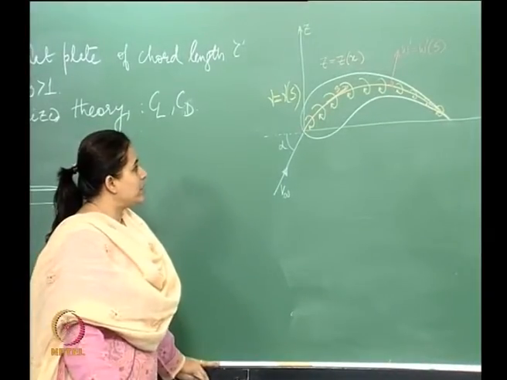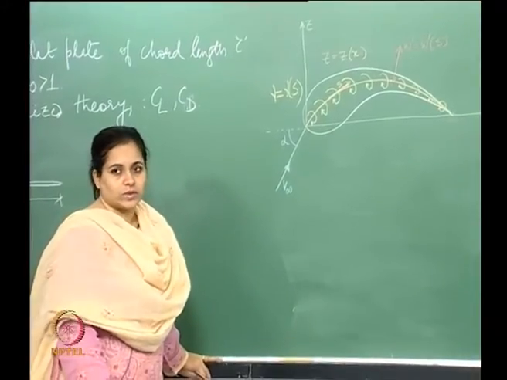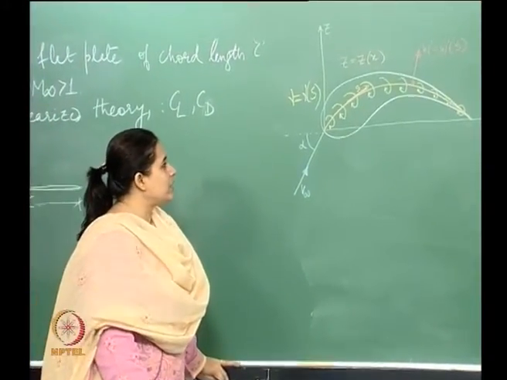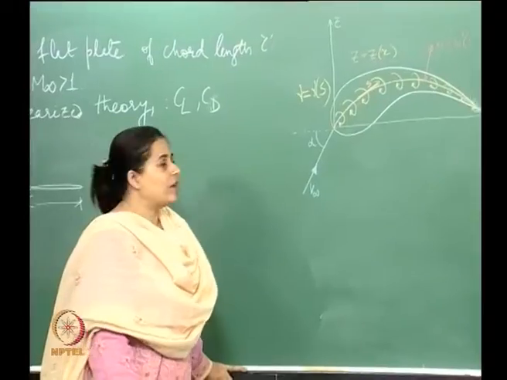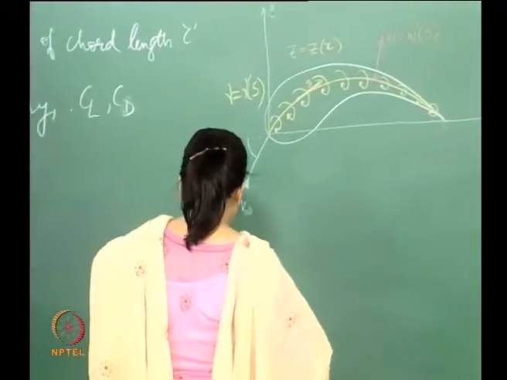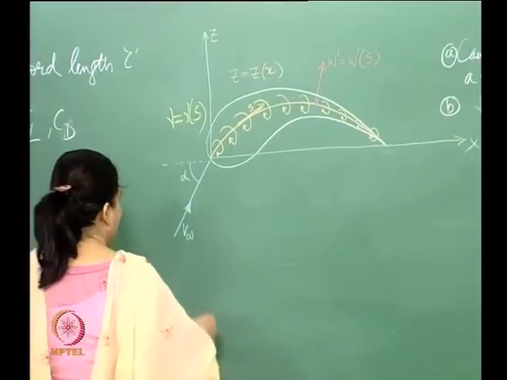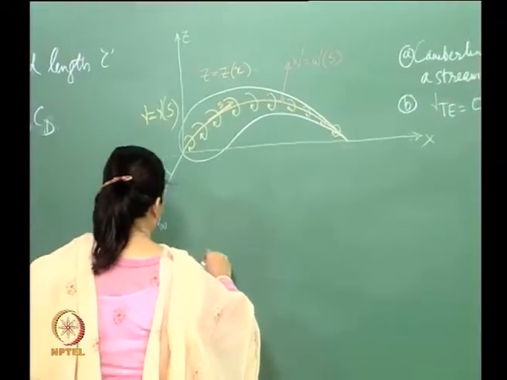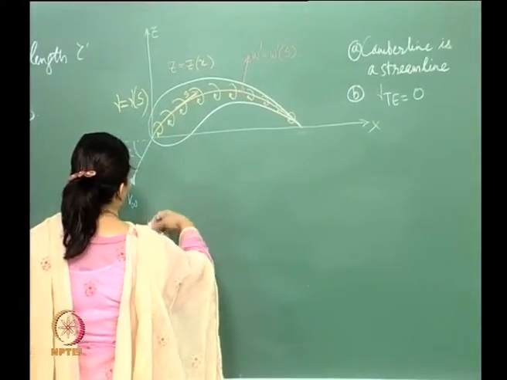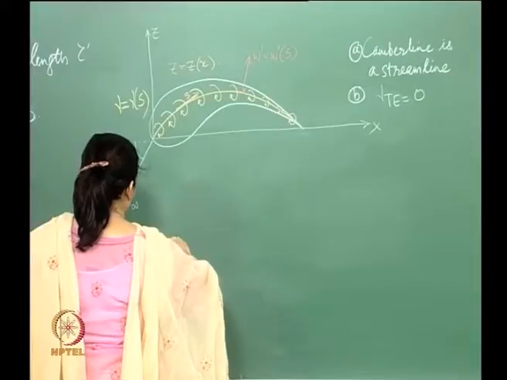Now when I started out by saying thin airfoil theory, what happens if I consider this as a thin airfoil? Let me draw this again. It's basically the same airfoil that I'm going to replicate here.